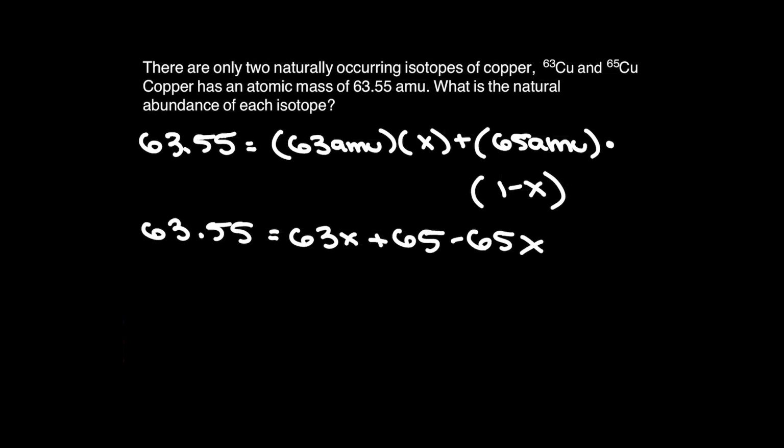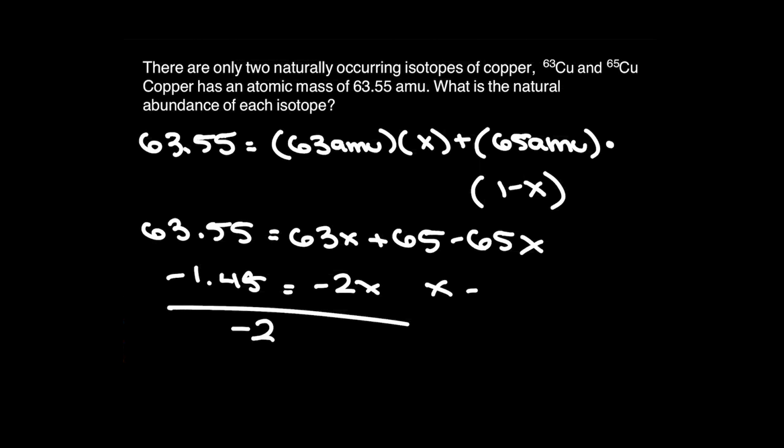So this is a relatively straightforward question. Now let me just get my calculator here. So we get negative 1.45 is equal to negative 2x. Then we divide the whole thing by negative 2. Then we get x is going to equal 0.725.